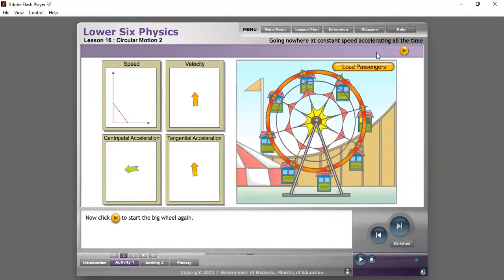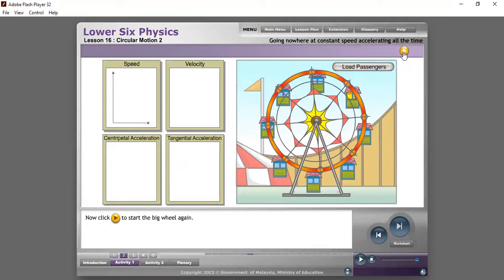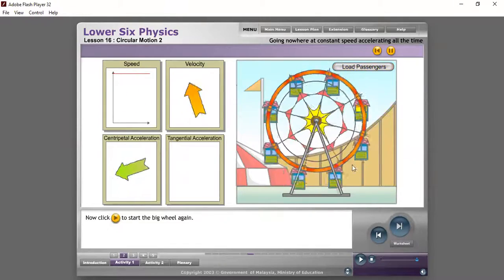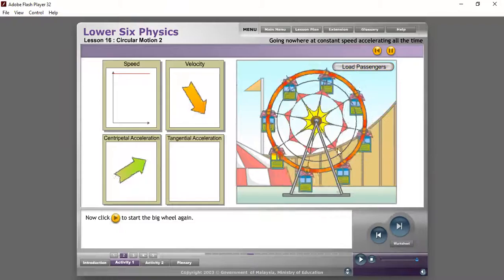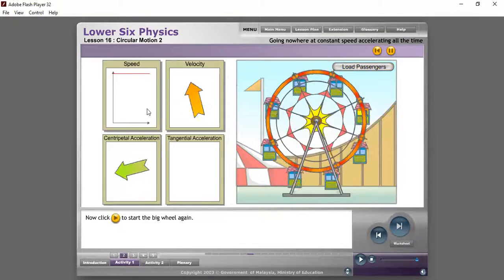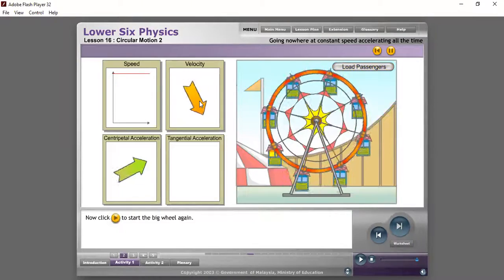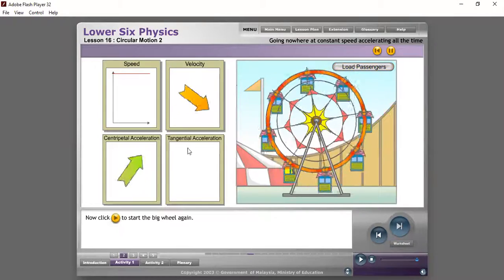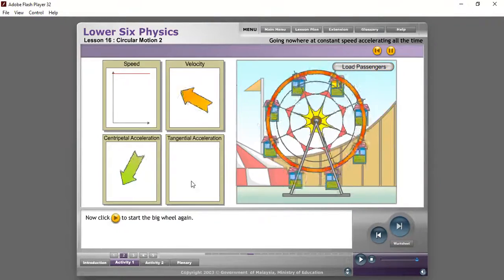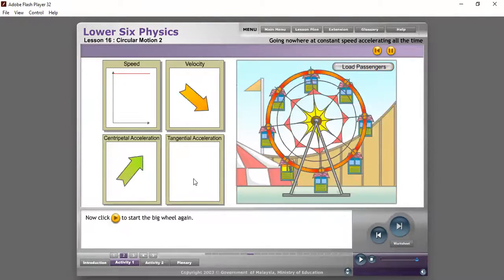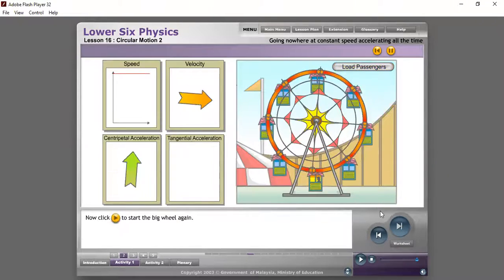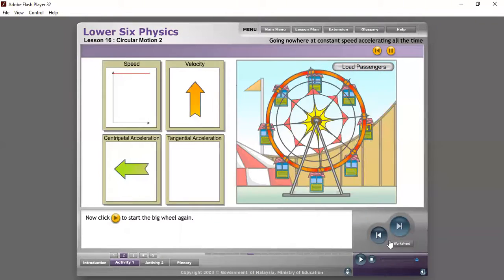There is no passenger, that means it moves with a constant speed, constant velocity. That means constant centripetal acceleration, but there's no tangential acceleration, which means no angular acceleration.